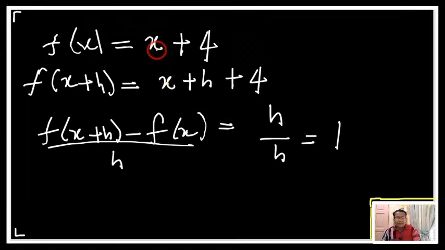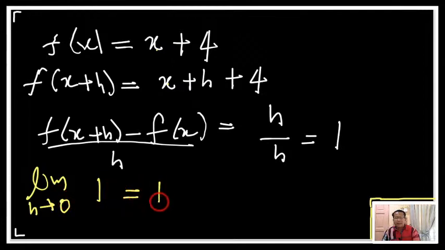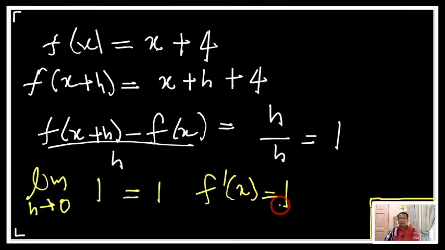That's why I get this. So the limit as h approaches 0 of 1 is 1, so the answer is 1. So f prime of x is equal to 1.